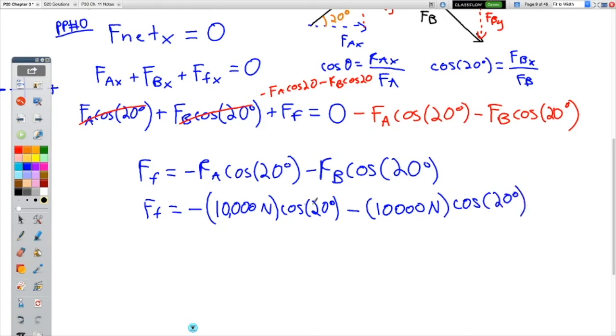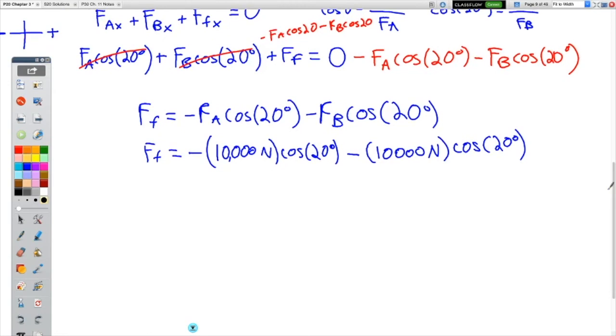So we're going to get negative 10,000 cos 20 minus 10,000 cos 20. You can see it's negative 2 times 10,000 times cos 20, just because they're the same size, because of the symmetry here. So the force of friction will be equal to negative 18,793.8524 newtons.